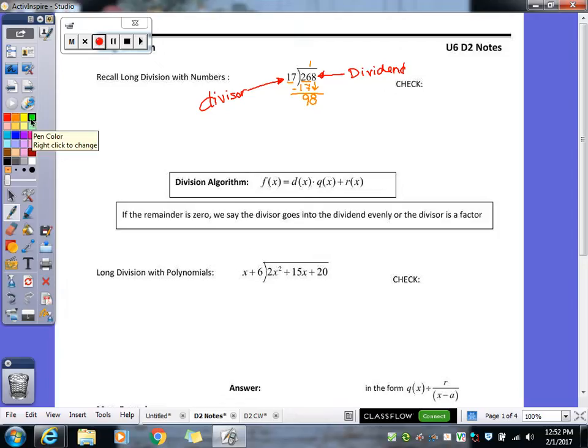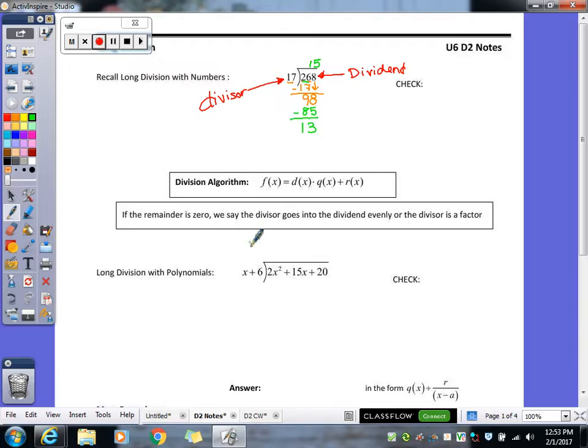So now we have to look at the 98 and figure out how many times 17 can go into 98. 5 times. So I put my 5 up here. 5 times 17 gives me an 85. So I subtract my 85 and I get a 13.